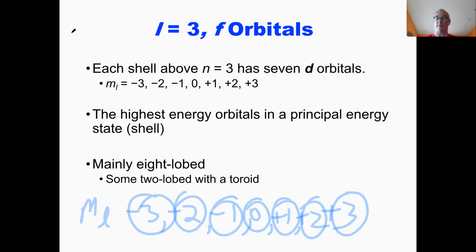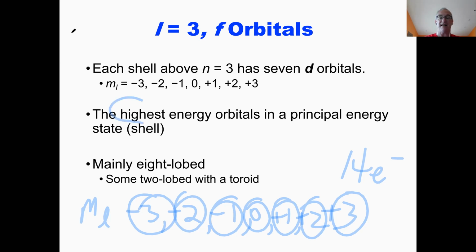And since there's 7 orbitals, there's now room for 14 electrons. And that's the biggest subshell. There's only 4, s, p, d, and f, which have 1, 3, 5, 7 places to put electrons. And each of those places is an orbital, and they each have room for 2 electrons.